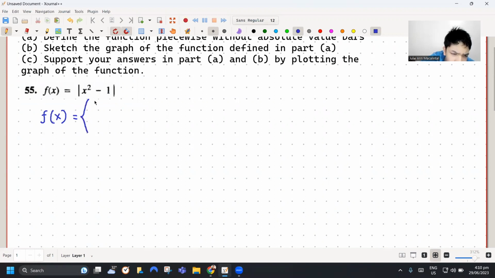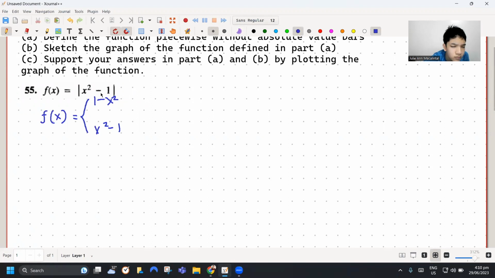Tatlong parts yan, na magsisimula ka from the leftmost, hanggang... So wag mong pagsamahin yung magkaibang intervals. Like ito, kailan zero yung function?